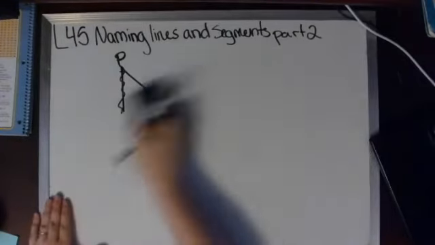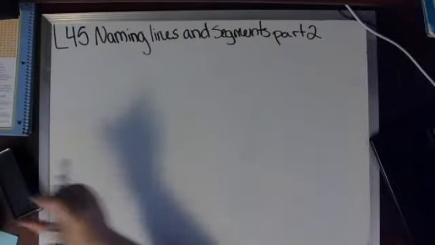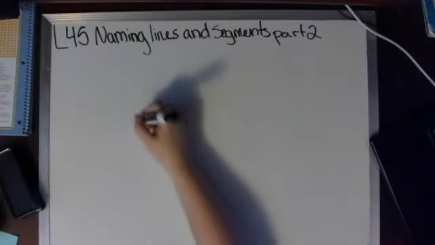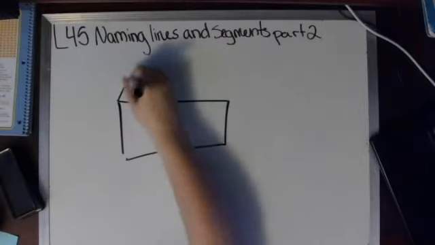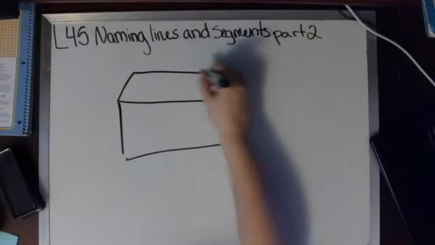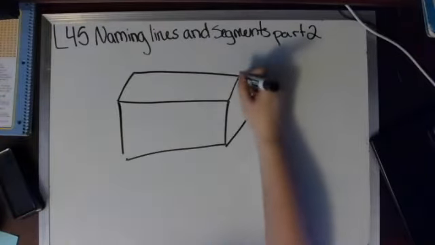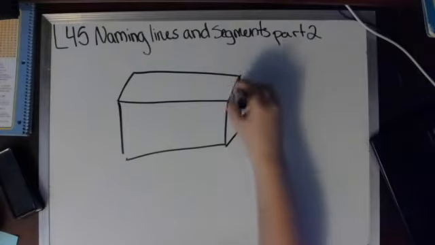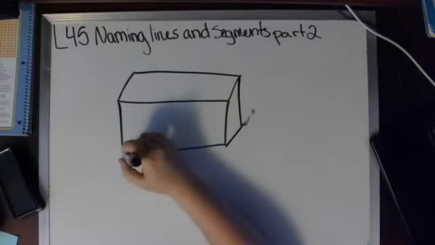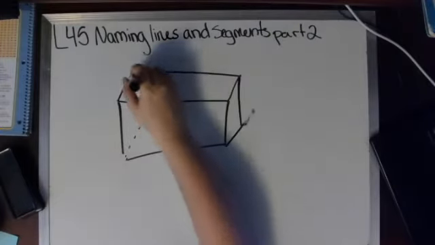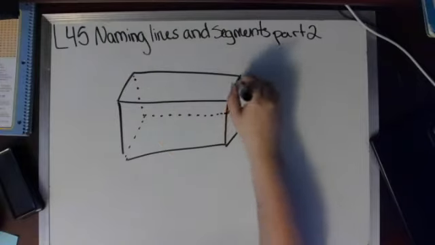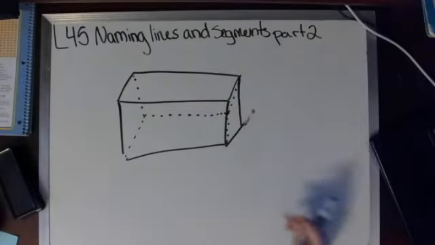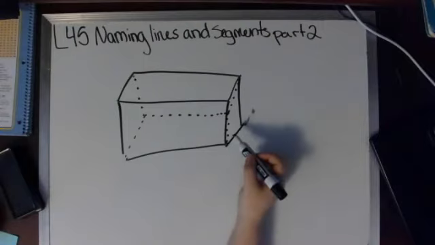Okay, we're going to do one more. If I have a shape, and I'm sorry for my bad drawing skills. Okay, now this is a rectangular prism.